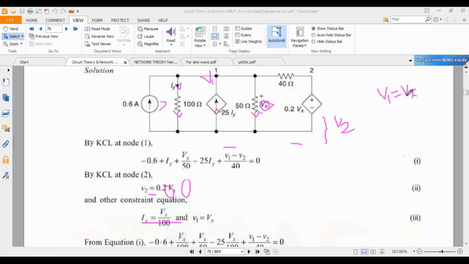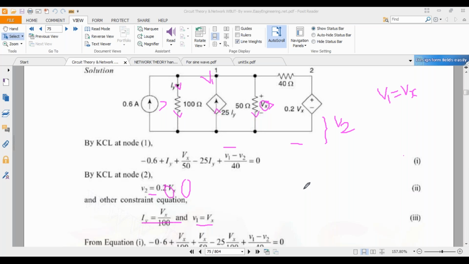So this branch current can be written with this branch voltage V1 equal to Vx. Vx by 100 is equal to Iy. So you can calculate V1 is equal to Vx value.